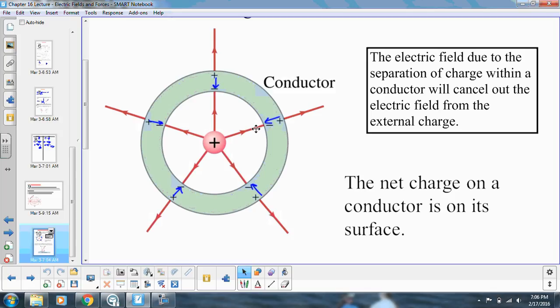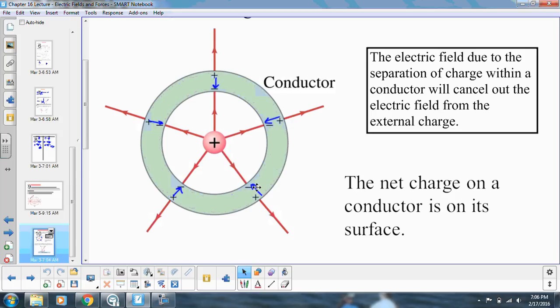So as this electric field passes through the conductor, it causes these negative charges to be attracted to this positive charge, and then these positive charges to be repelled, so it creates a separation of charge within the conductor. So a negative charge accumulates on the inside of the conductor, and a positive charge accumulates on the outside of the conductor.